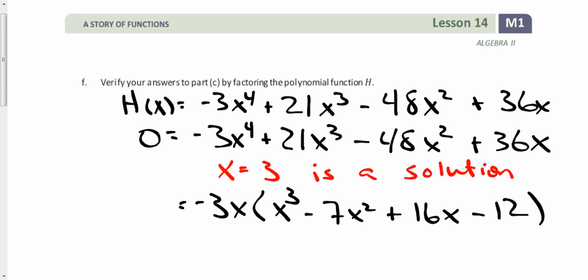So, if x equals 3 is a solution to this one, then x equals 3 is a solution to this, because they are the same equation, are they not? They look different, but are they the same equation?